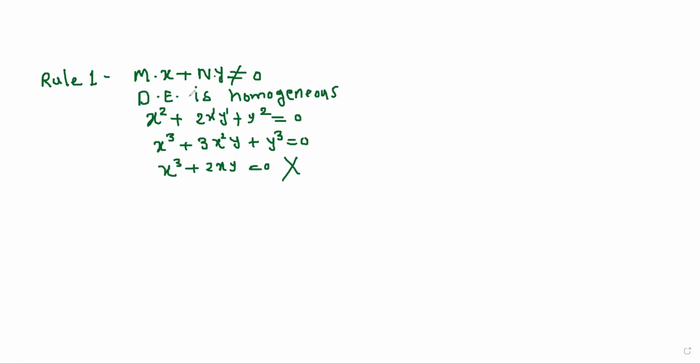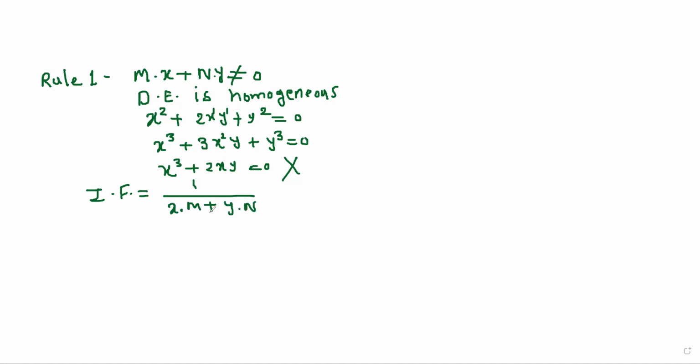So what is rule number 1 applicable for? When your differential equation is homogeneous and Mx plus Ny, where M is the coefficient of dx and N is the coefficient of dy, is not equal to 0, then the integrating factor will be equal to 1 upon xM plus yN.